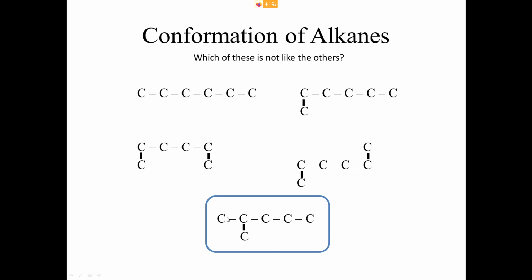So it's either 1, 2, 3, 4, 5, or 1, 2, 3, 4, 5, or 1, 2, 3, 4, 5. However I do it, the most I can get is 5. So if you want to think of it, this one is the longest chain. It's not always the horizontal one, but we can use that example. This carbon sticking off below is a substituent. It's not in the main chain. That's what I mean. Okay.